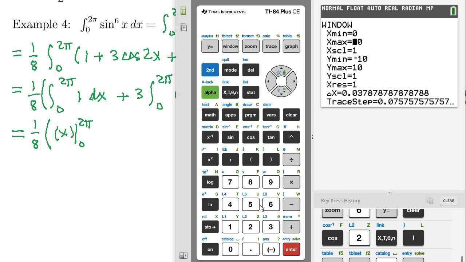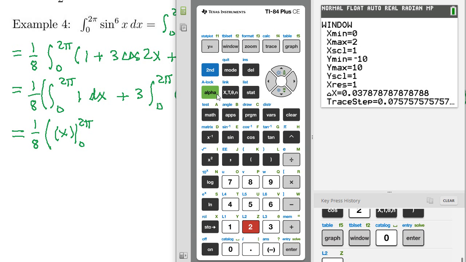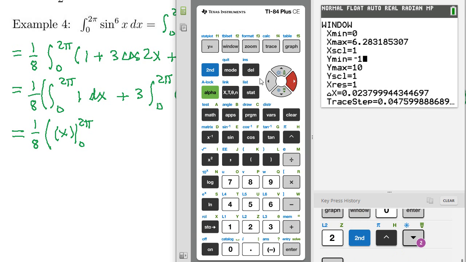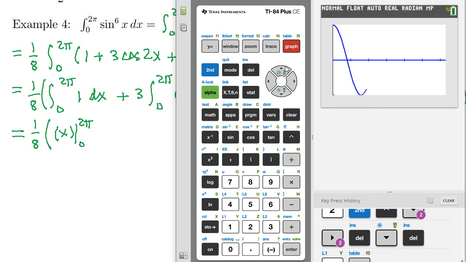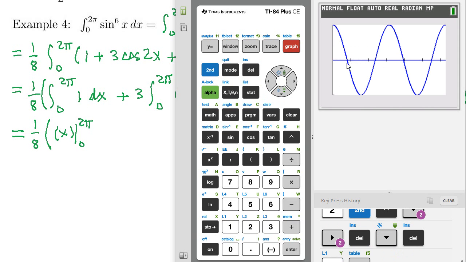For our x max, let's do 2 pi, so 2, and then second caret for pi there. And our x scale, we can leave that at 1. For y min, why don't we do -1 and y max 1, because those graphs only go from 1 to -1. And let's graph. So that's our graph on 0 to 2 pi of cosine 2x.